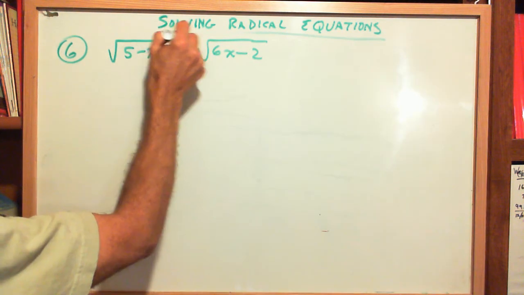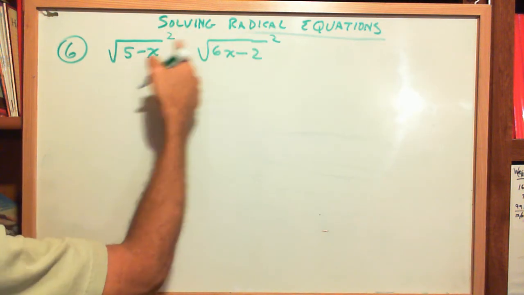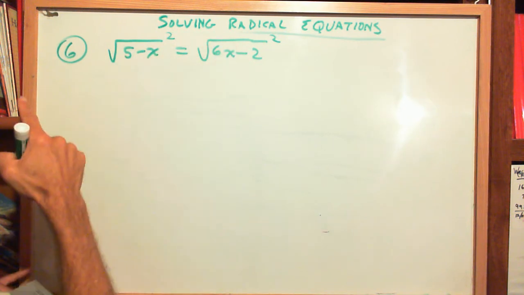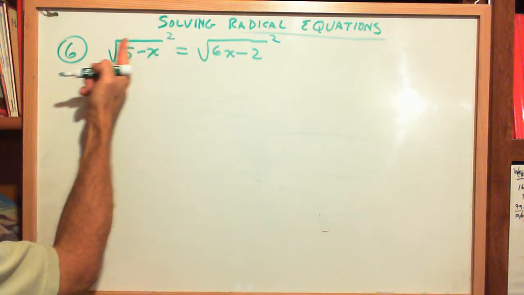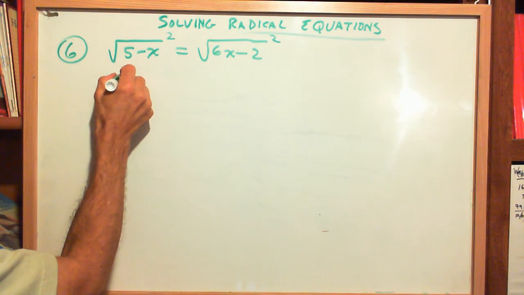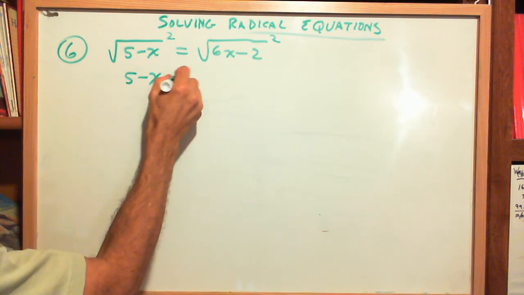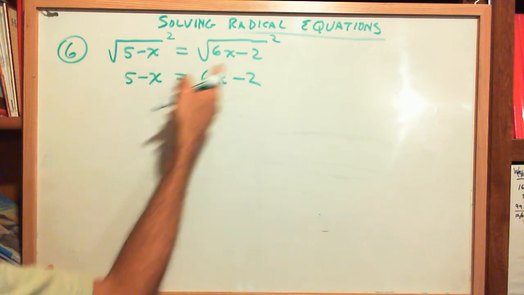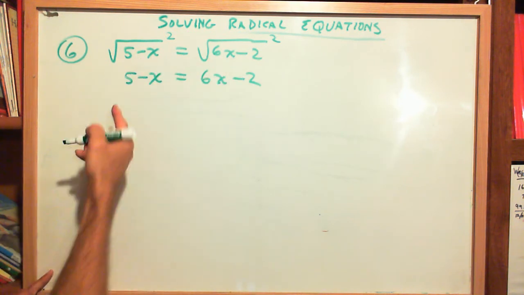So I'm going to square both sides. That's the golden rule of algebra. What I do to one side, I must do to the other. That gets rid of my radical sign, and now I have just a very basic multi-step equation. I just write the same thing, except without the radical signs. And I solve.